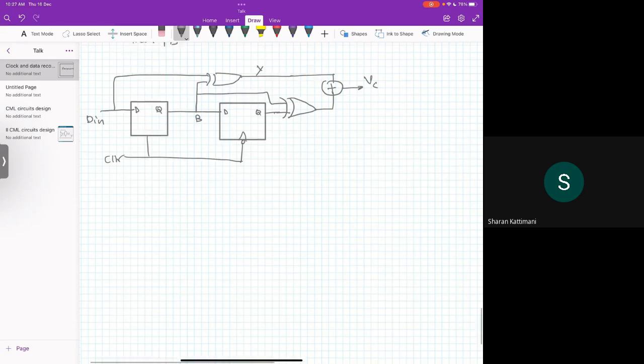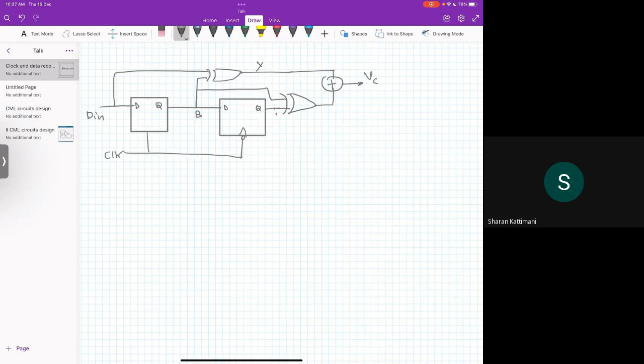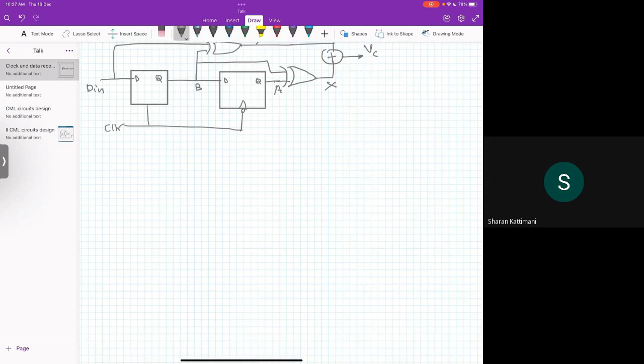If this is A, this is X, and this is Y, let's again assume that a similar kind of data we have, something like this.